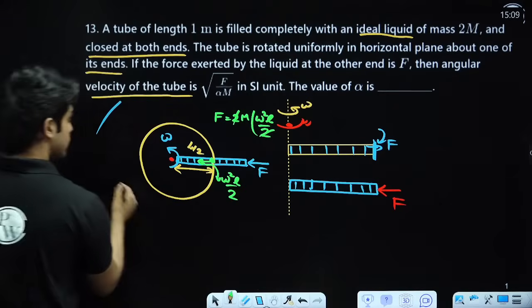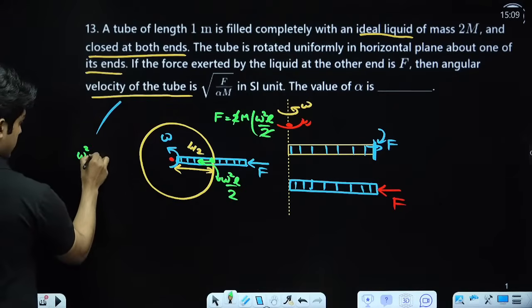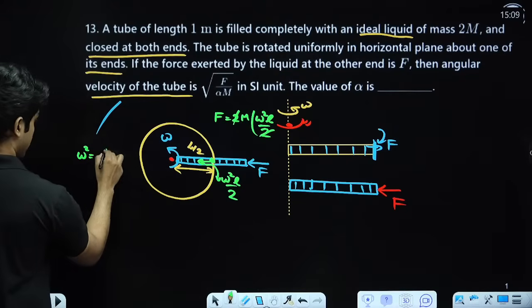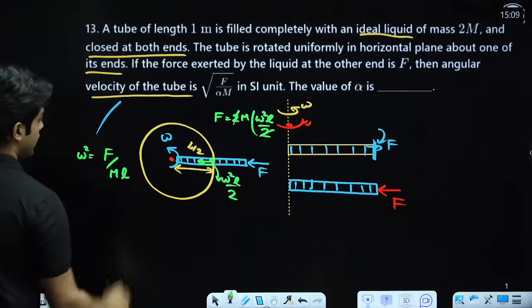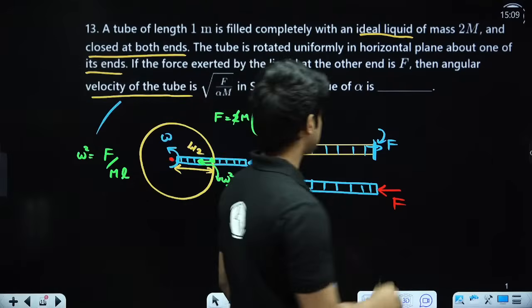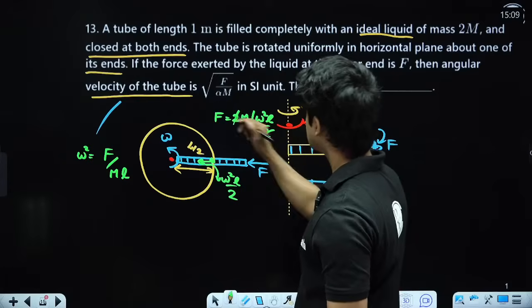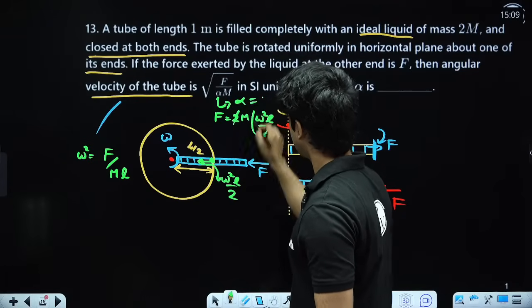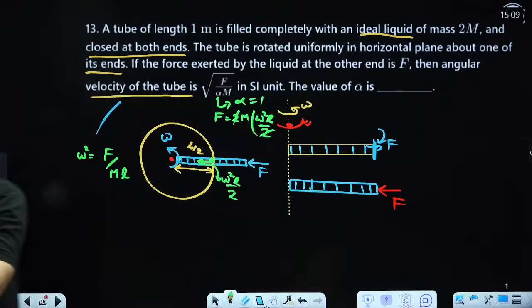So from here, omega square turns out to be F divided by mL. L was given to be 1. So this constant alpha will be 1. I hope that is clear.